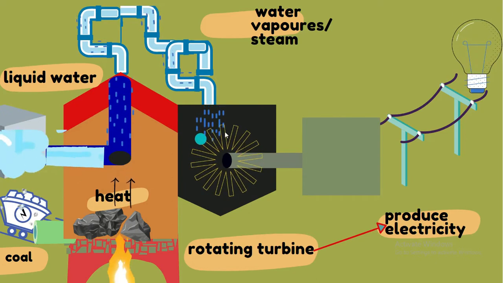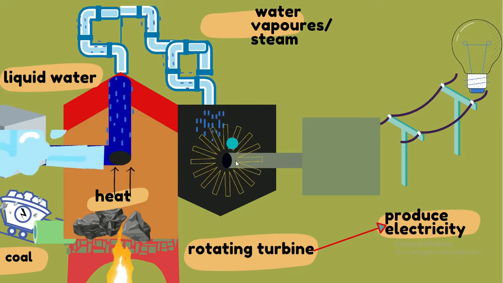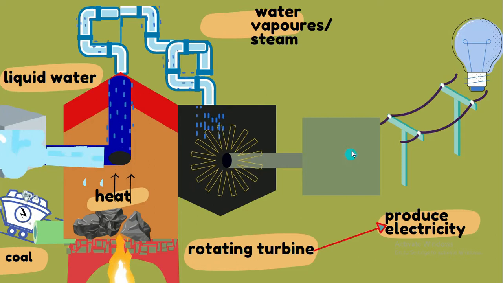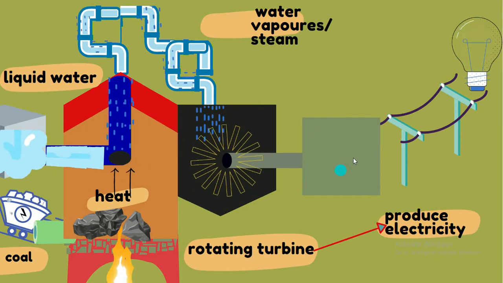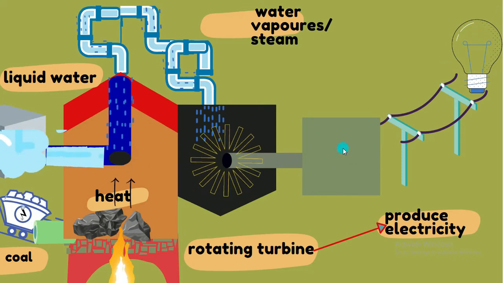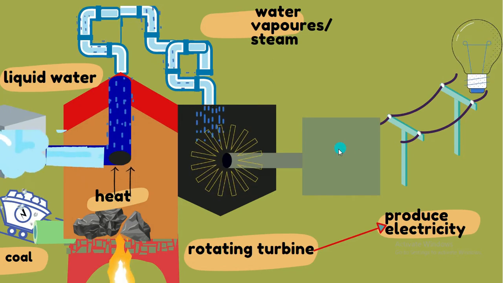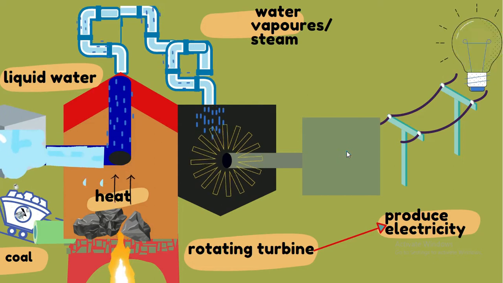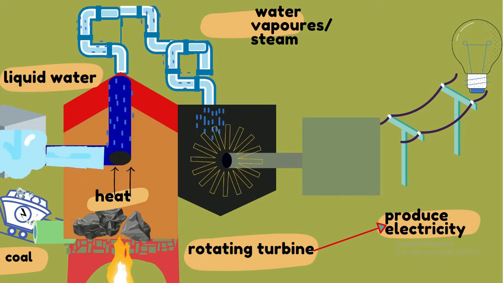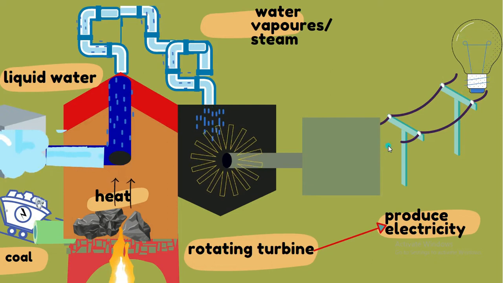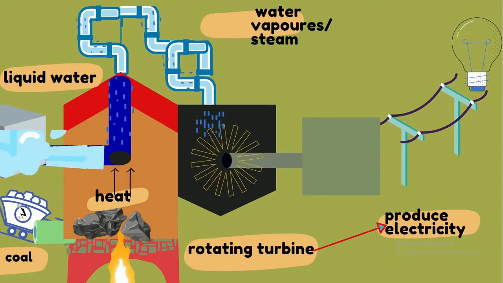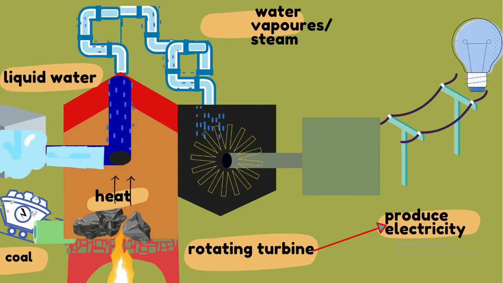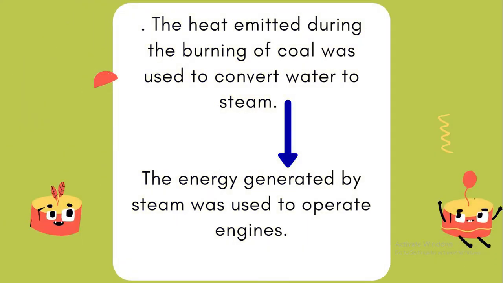Due to the collision of the water vapors with the turbine, this turbine starts to rotate. This turbine is connected to the dynamo. The dynamo area is here. The dynamo produces electricity due to this rotation. Okay, this is how the process of a coal power plant works. I think you can understand about the power plant.